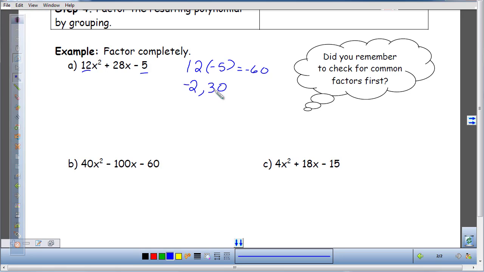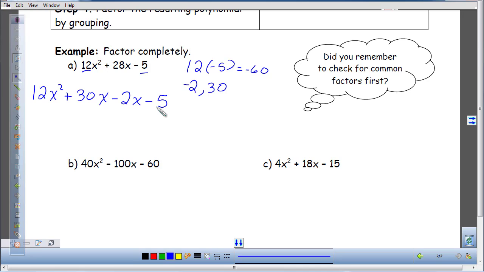All right, so we get 12x squared. We could do plus 30x. We could do minus 2x. It won't matter, except if I do that minus 2x first, then I won't have to worry about factoring out that negative. But let's do it with the 30, so you'll see what we're talking about. Minus 2x minus 5.